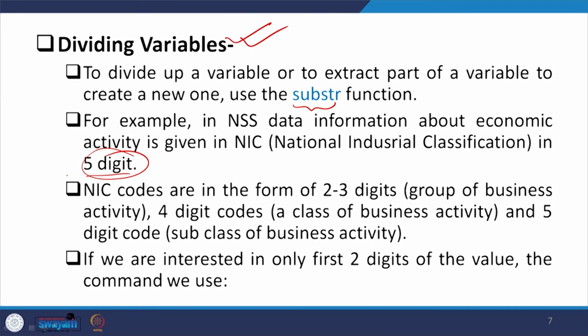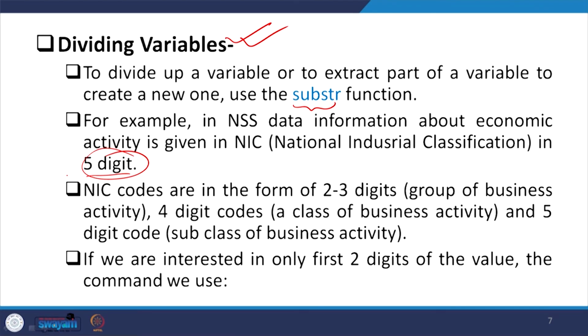The 5-digit level is composed of 2 to 3 digit combinations that basically form a group of business activities. Out of those 5 digits, generally up to 3 digits are kept as a group of business activities. Then the 4-digit is a class of business activities, and the 5th one is the sub code, the sub classification of the business activities.